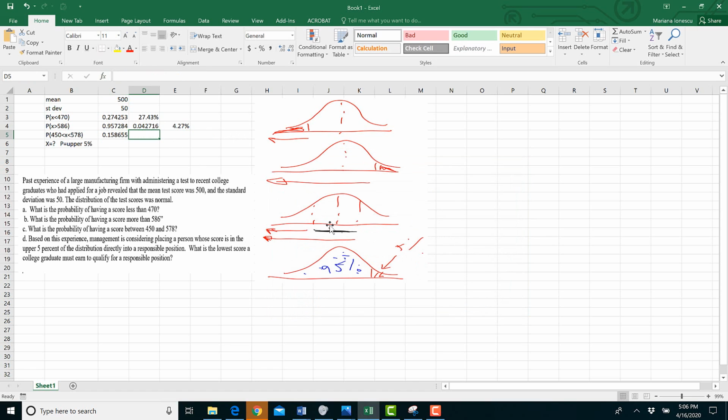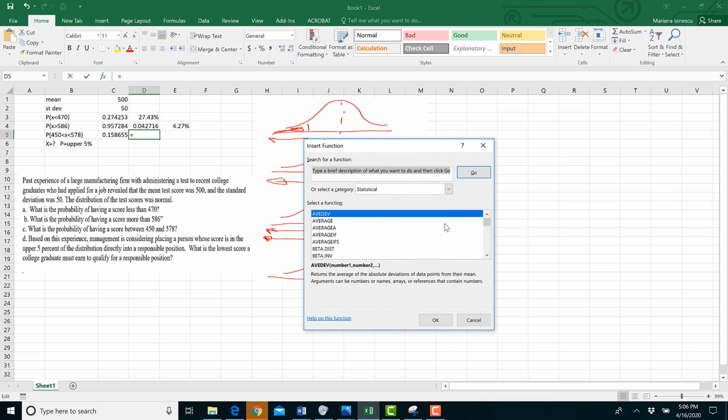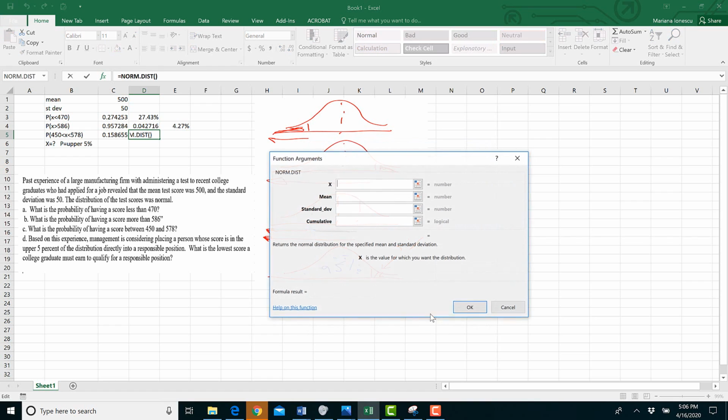Now we are calculating the probability to be less than 578. So again, insert function, normal distribution. We have 578 with a mean of 500, a standard deviation of 50, and it's cumulative.